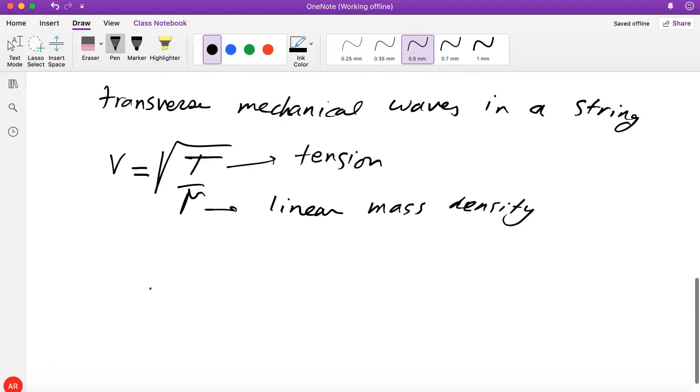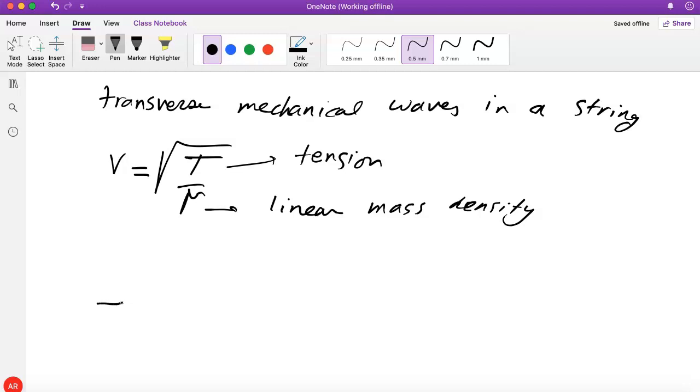And we talked about one description of pulses, known as the snapshot graph, where at some point in time, just imagine taking a picture of your entire medium. If it's a rope, for example, or a stretched string that carries a pulse, you just take a picture, and for every point in space, you see the displacement.